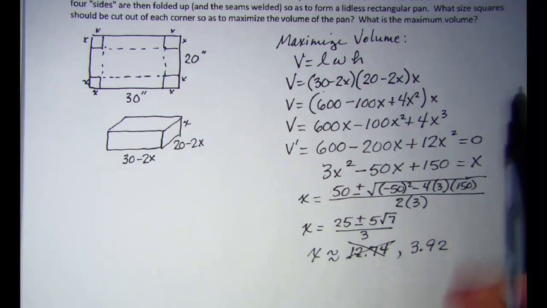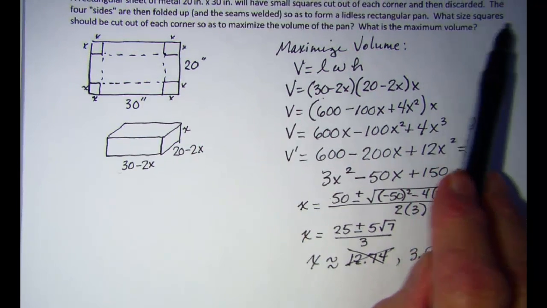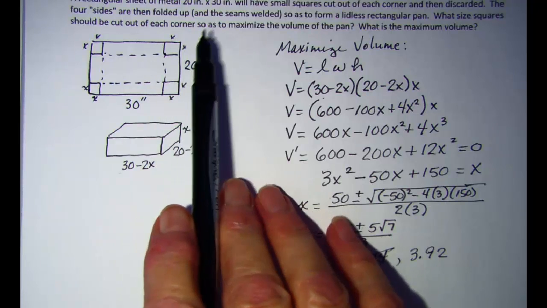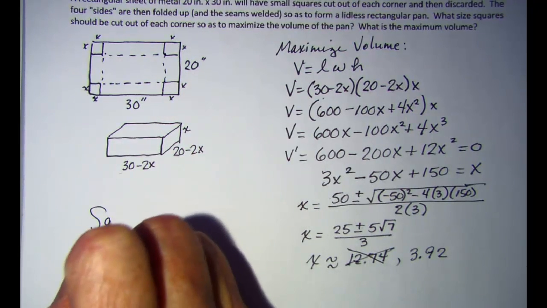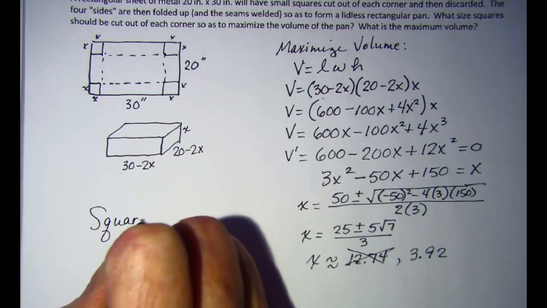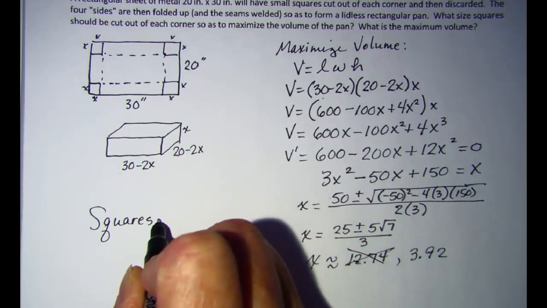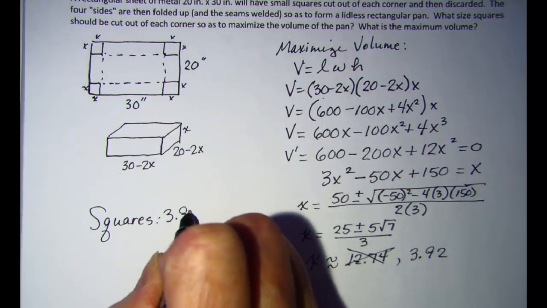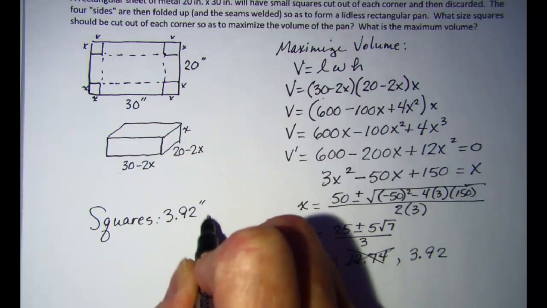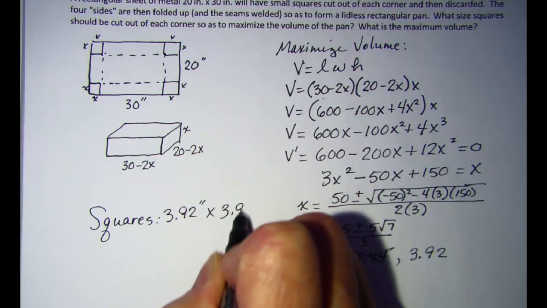So our first question, what size squares should be cut out of each corner? We need squares that are approximately 3.92 inches by 3.92 inches.